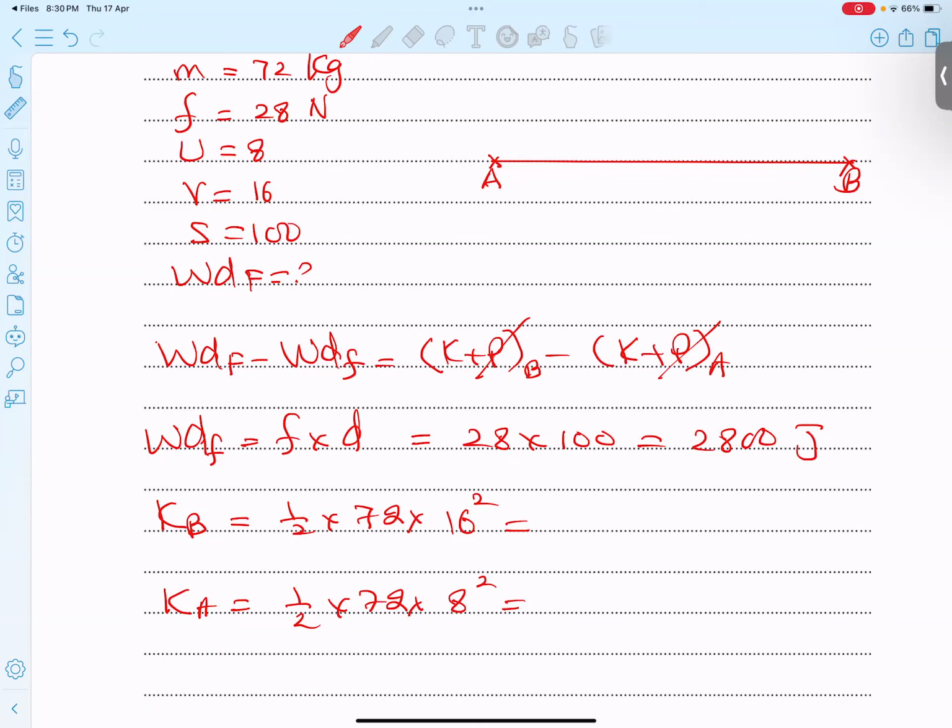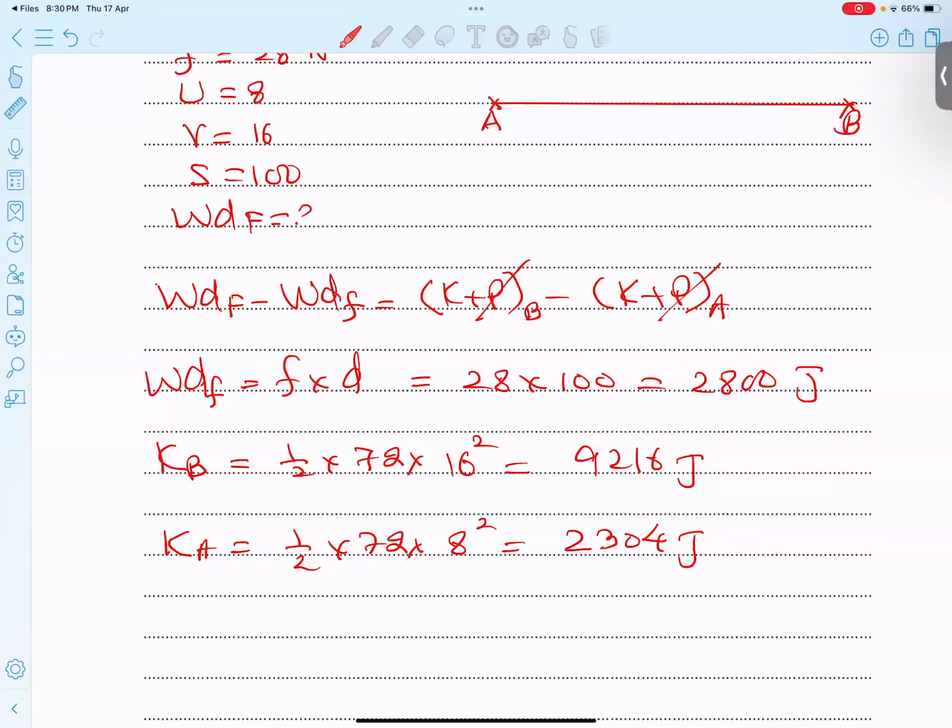Half into 72 into 256, so I got 9216 joules. I think this part is okay. Same way, if I check 8 squared, I got 2304 joules.